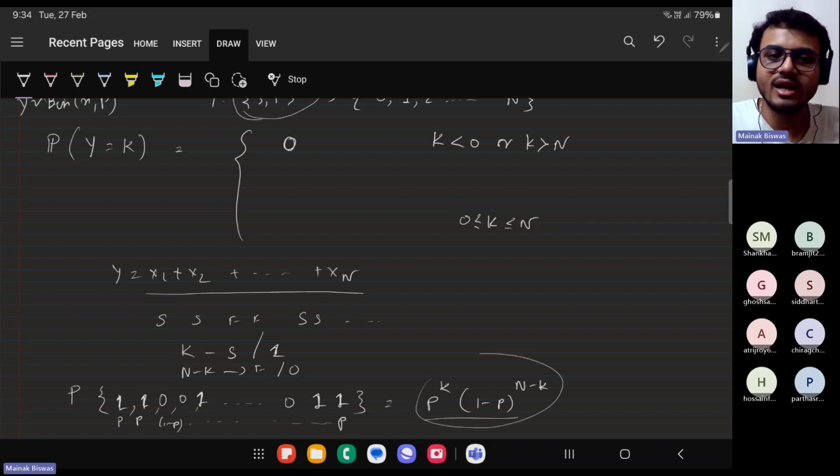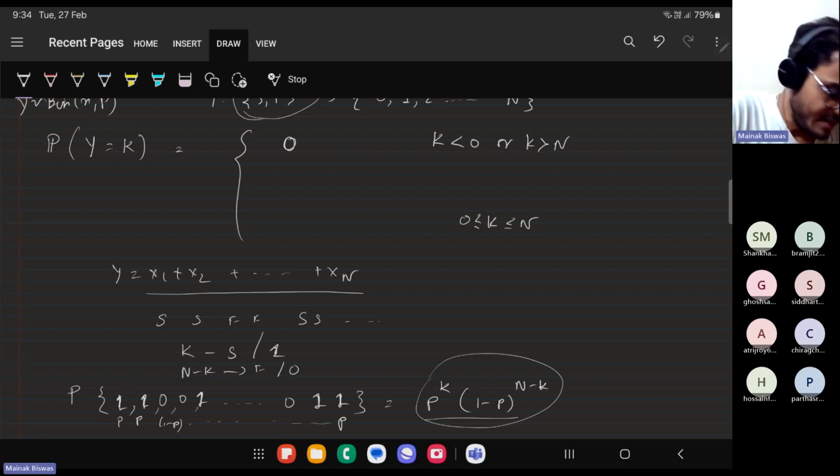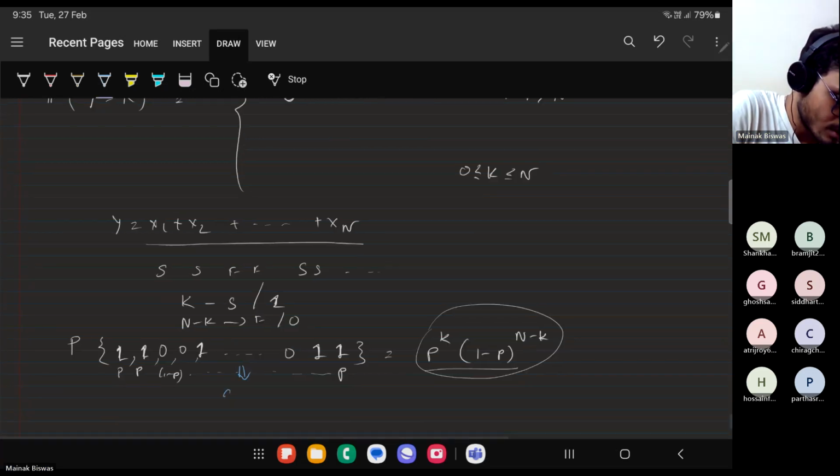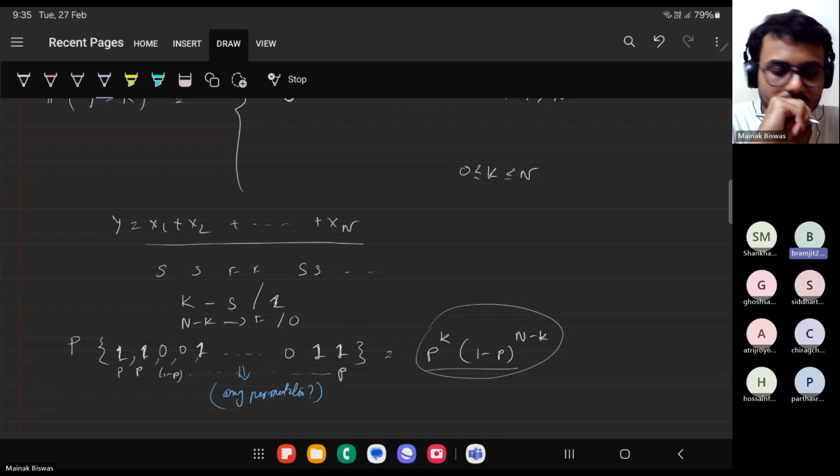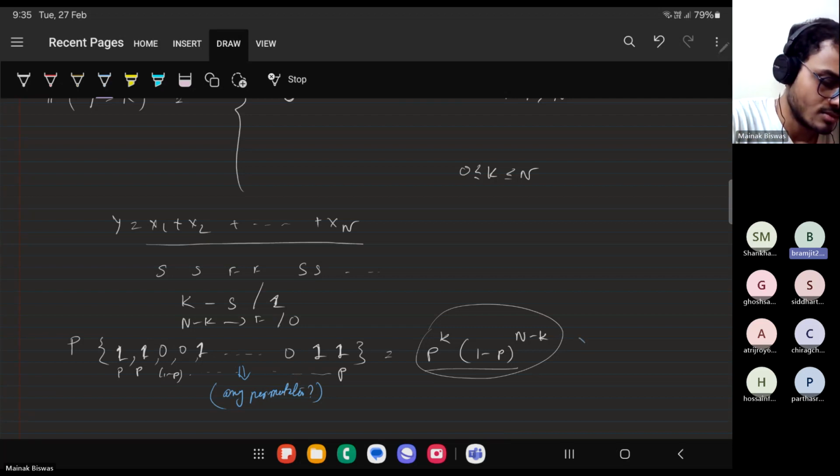But now, do you agree that it can be any permutation of these? Yes or no? So how many permutations are possible, from last day's class? N factorial by k factorial into n minus k factorial.